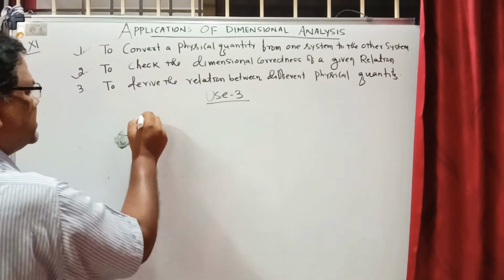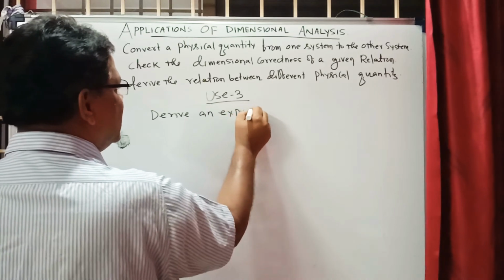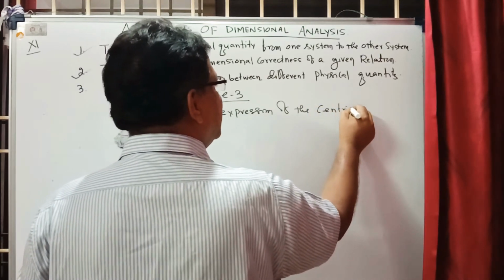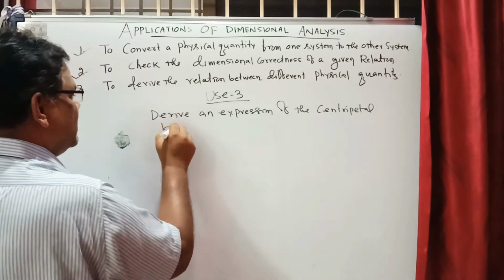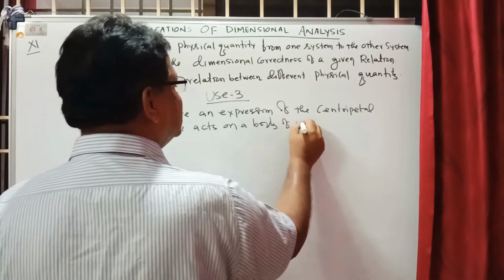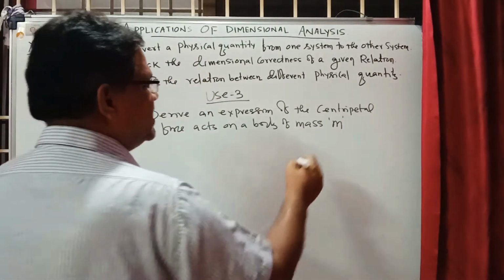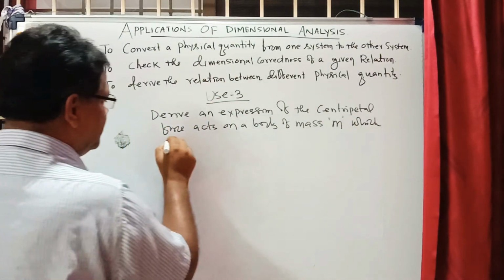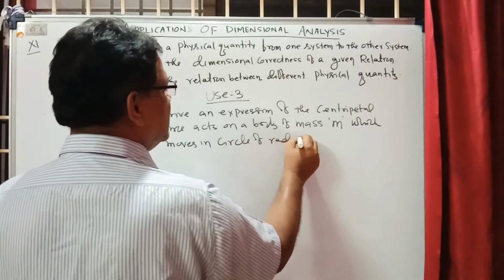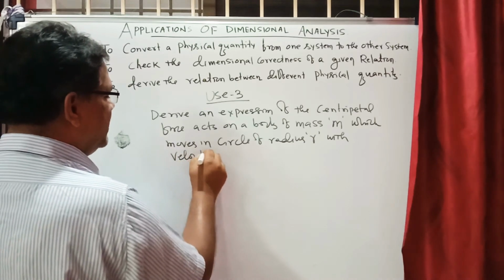For example, derive an expression for the centripetal force acting on a body of mass m, which moves in a circle of radius r with velocity v.